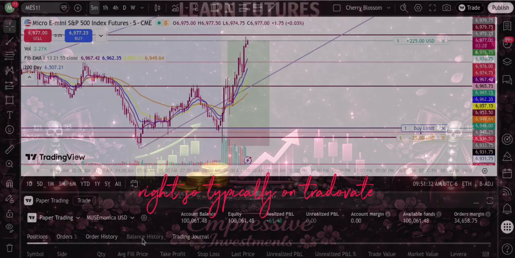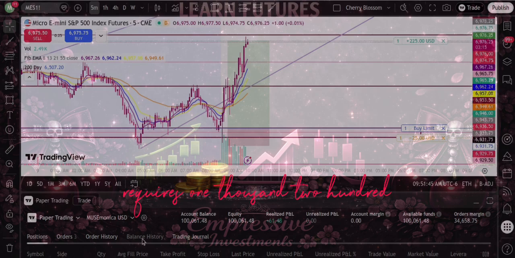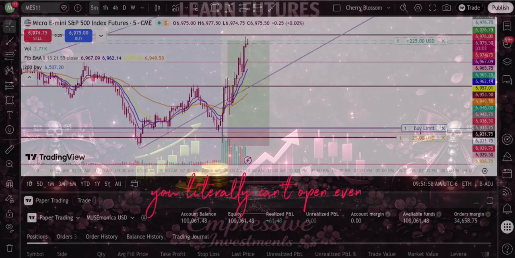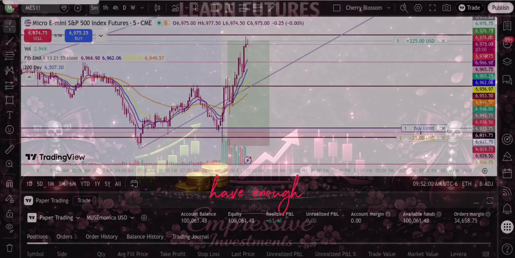So typically on Tradovate or NinjaTrader, you can get $50 to $100 intraday, whereas with TradingView paper trading, MES requires $1,200 plus, and MNQ may require $2,000 plus. All right. So on a 1K account, you literally can't open even one contract because you don't have enough margin. All right.